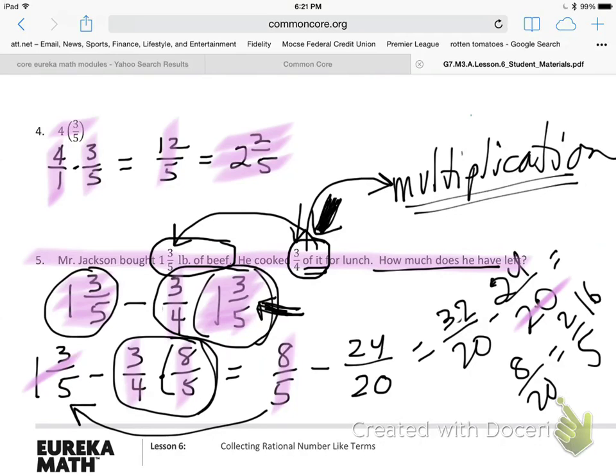So I have the 24/20 already, and then I can just turn my 8/5 into 32/20. 32/20 take away 24/20 is 8/20, or 2/5. Because 8/20 is the same as 2/5, so 2/5 pounds of meat. This is what I have left, or Mr. Jackson has left over.